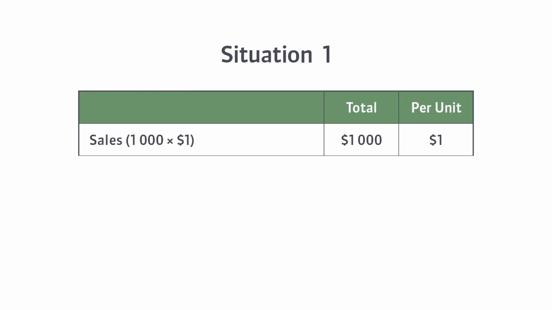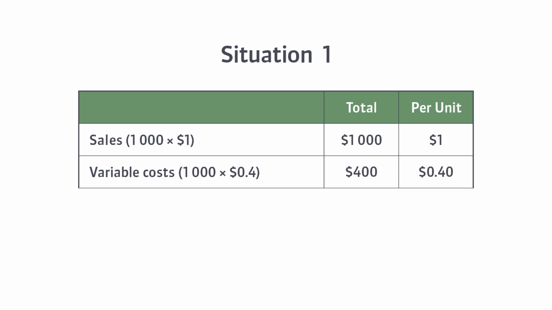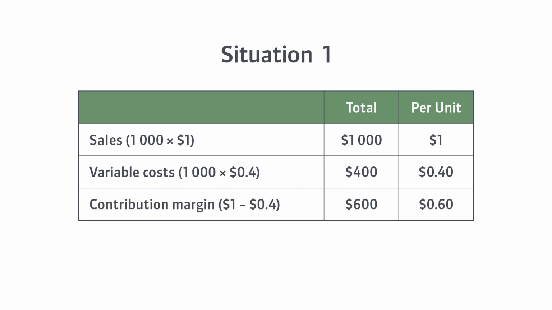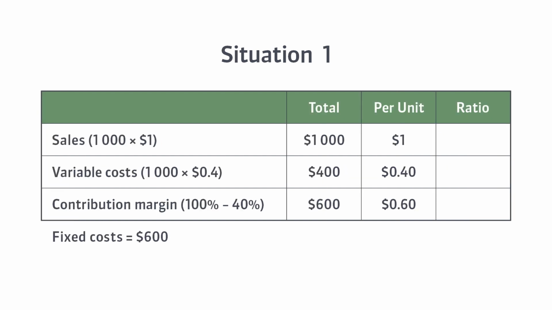Now let's have a look at the contribution margin per unit. While the total contribution margin is $600, the contribution margin per unit is only 60 cents. We can also present the contribution margin as a ratio. Look, this time we assume that sales is 100%.